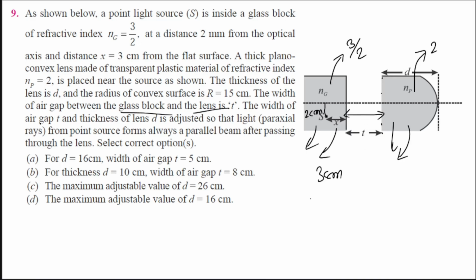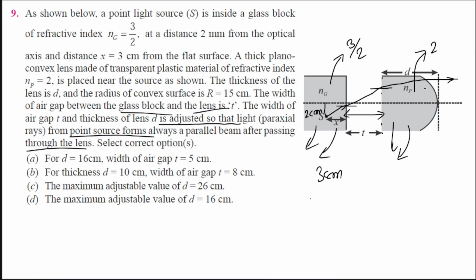Now the width of the air gap t and the thickness of the lens d are adjusted so that paraxial rays from the point source always form a parallel beam after passing through the lens. So whatever paraxial rays are coming out of here, after refraction first through this surface, it will fall like this, then it will refract towards the normal into this media, and finally after coming out of the lens it will be parallel.